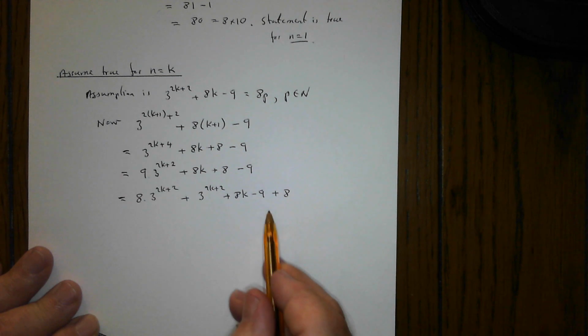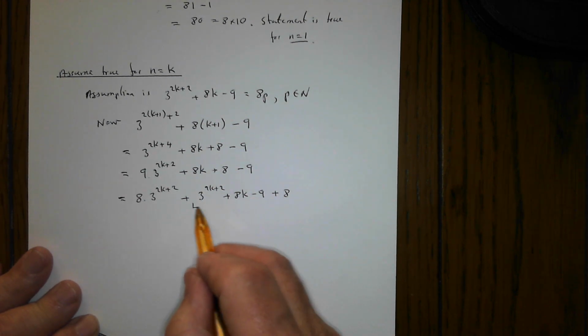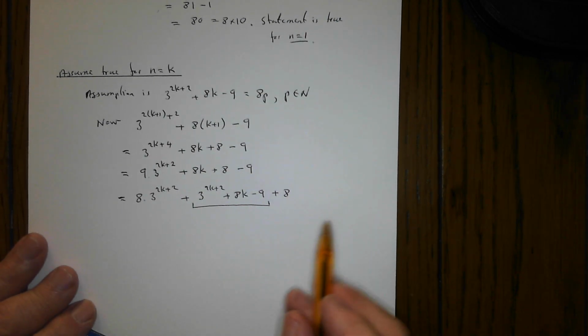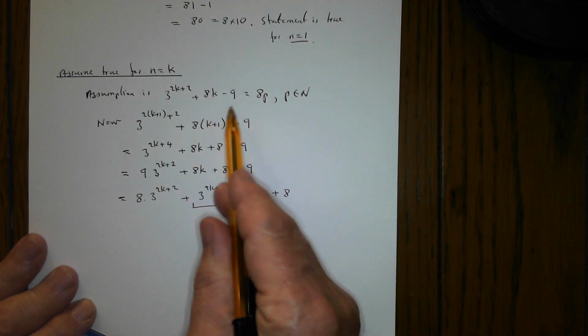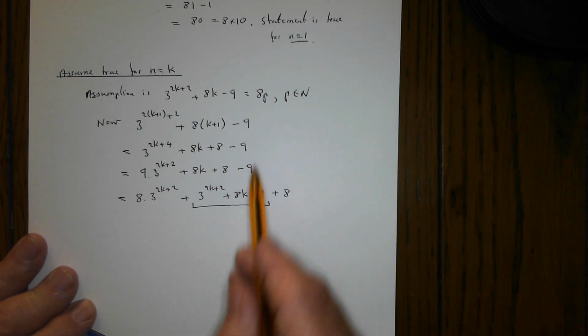I didn't add these because I wanted to use this, and that's quite good because that's my assumed expression at the front. We know that 3 to the 2k plus 2 plus 8k minus 9 is divisible by 8. That was my assumption, so it equals 8p.